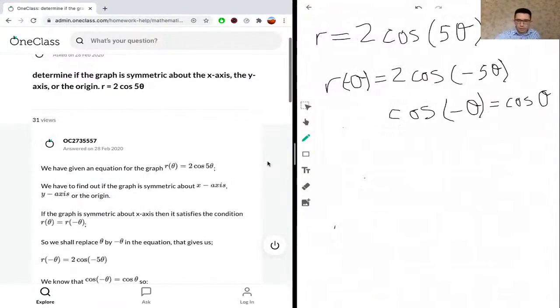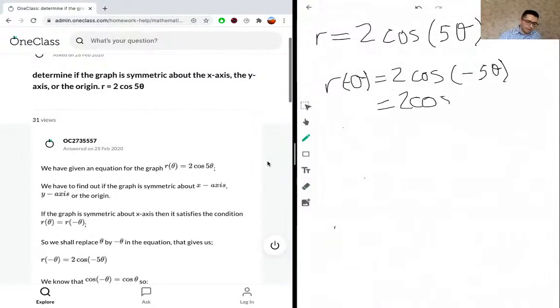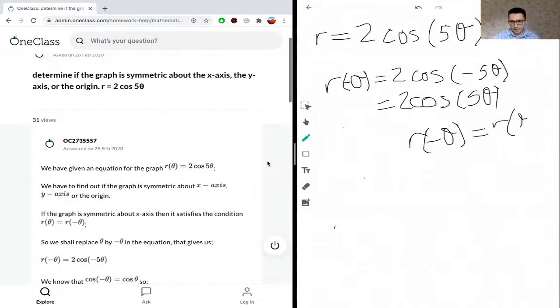So knowing this, we know that this must equal 2 cos 5 theta. And therefore, because r negative theta equals r theta, we have x-axis symmetry.